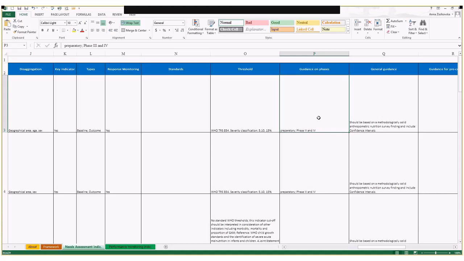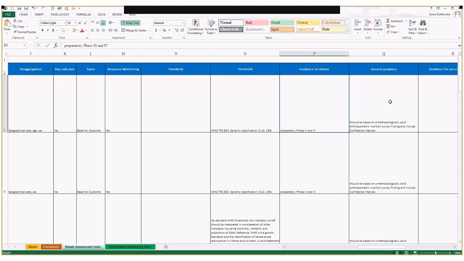So depending on when you are developing your humanitarian response plan and for which phases you need your indicator, you can also check the guidance on the phases when it should be collected. For example, global acute malnutrition, you can collect it in the preparatory phase. You can collect it in phases 3 and 4, which is a few months from the onset of the emergency. However, it's not usually possible to collect it in phases 1 and 2.